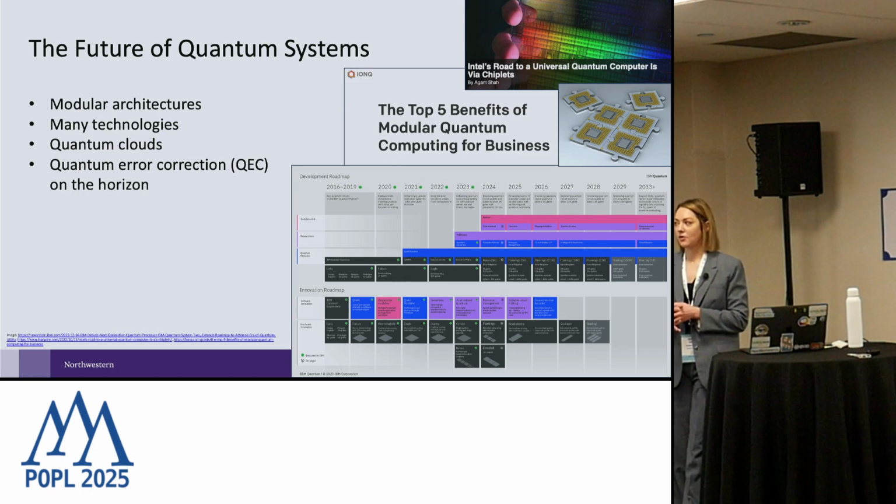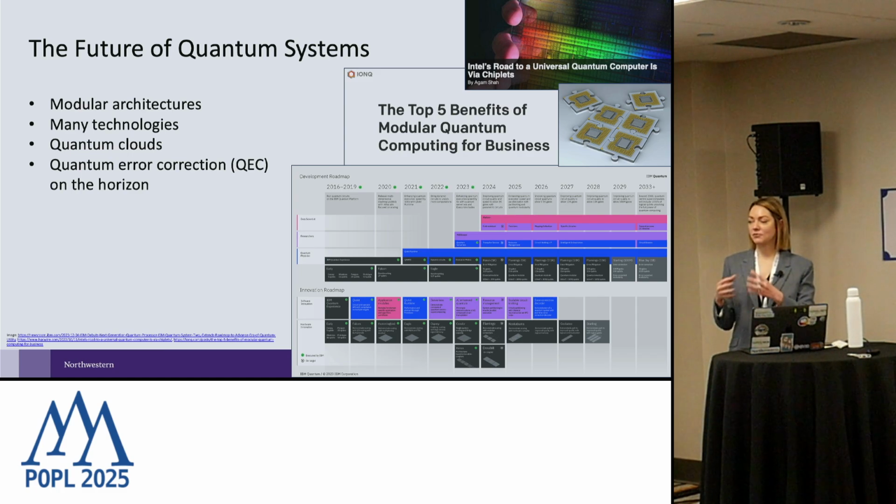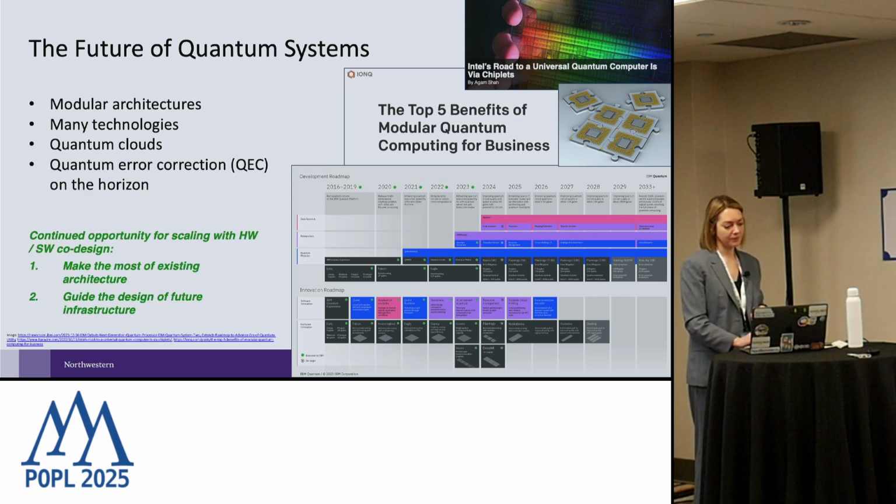So when we think about all of these three previous thoughts, we need to consider that quantum error correction will change the way that we compile and work with these machines, and we need to take into consideration all the classical overheads associated with quantum error correction.